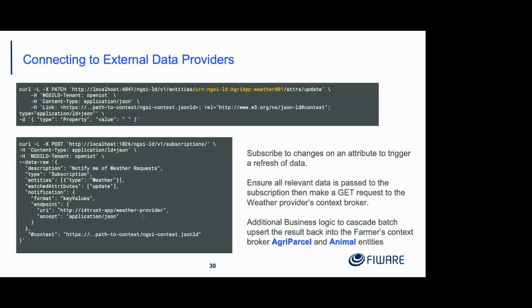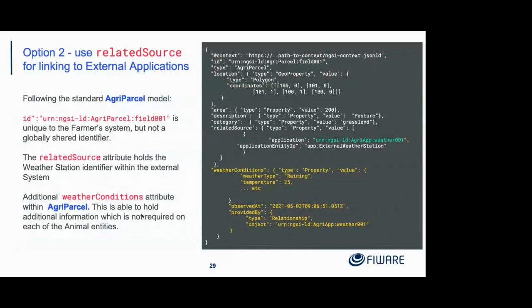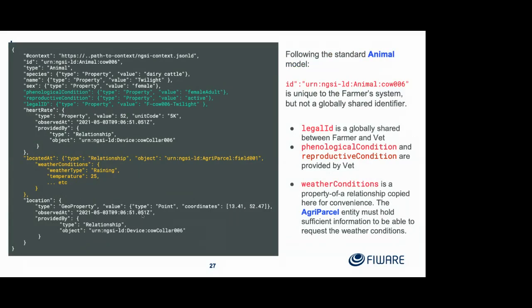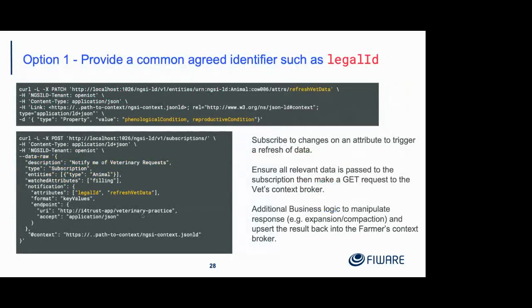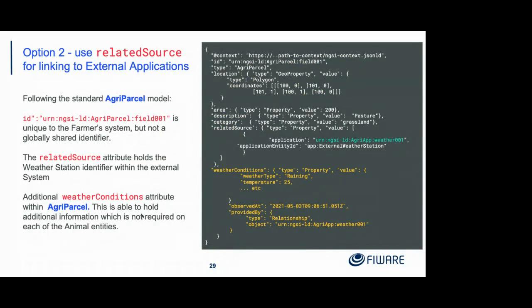Now, in this particular case, because I'm doing this on a field level, but I want to deliberately get some data into the animal, I'm going to have to be quite clever and say, right, when I retrieve my response, update agriparcel: it's raining in the North Field.